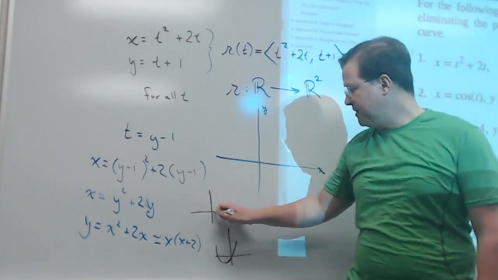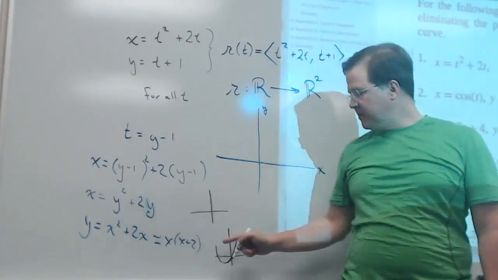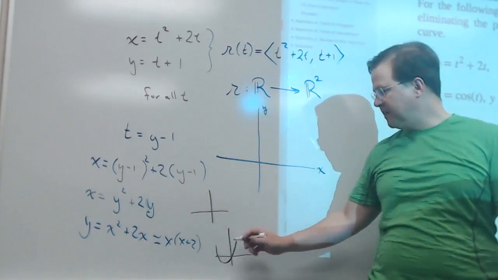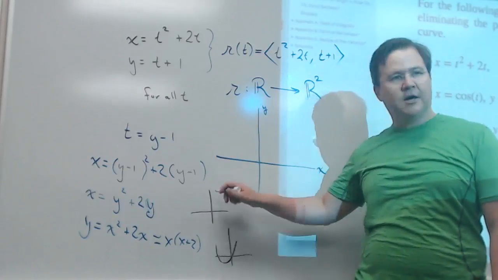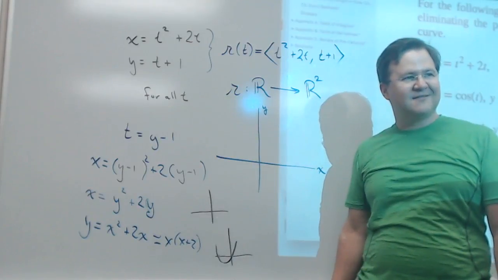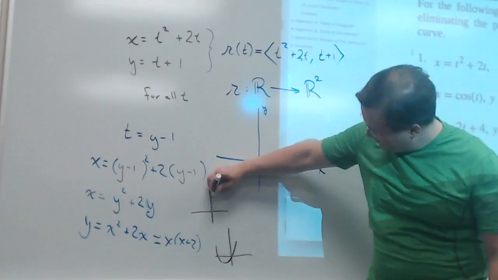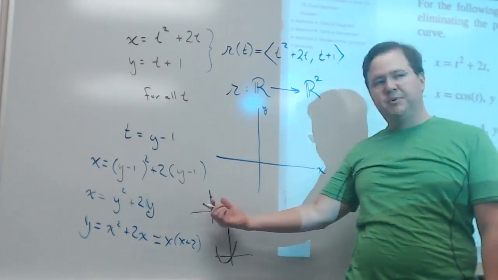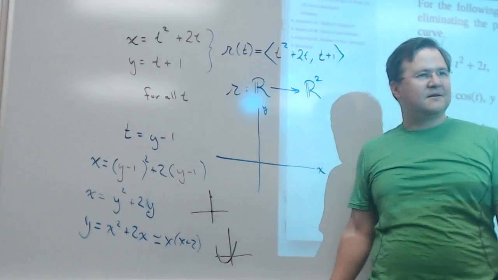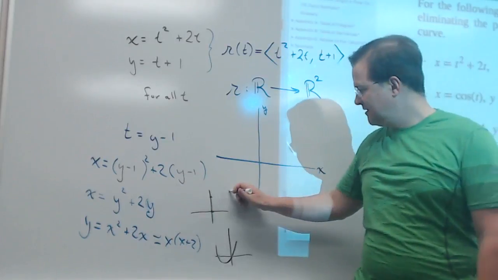Therefore, the graph of this one is very similar in shape, but it's been reflected over the line where y equals x. So these x-intercepts are now y-intercepts. And it's going to be opening to the left or the right.